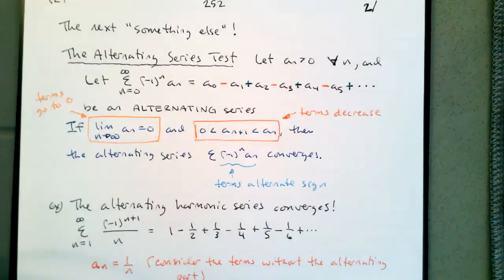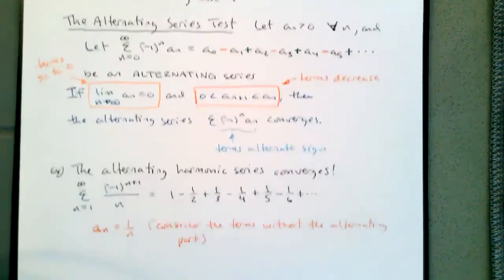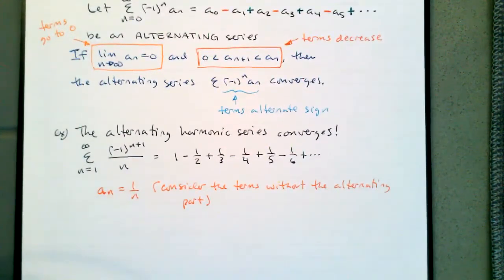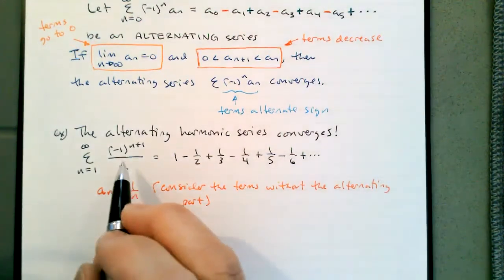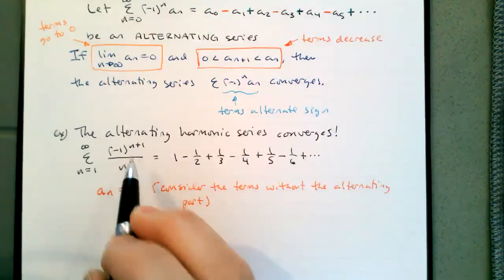We have to let a_n be positive for all n, so that the (-1)^n is providing the alternating part. So the terms alternate in sign.